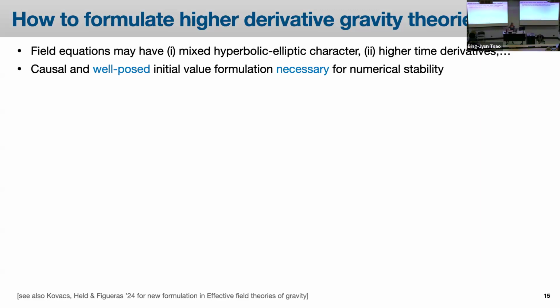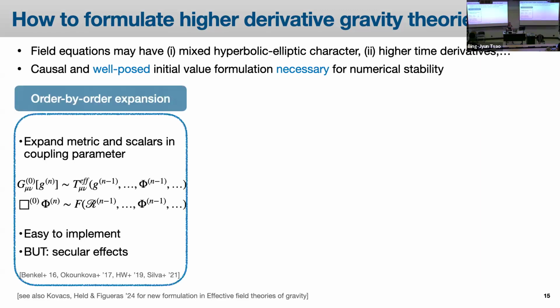And as I said, I care about this because we need a well-posed initial value formulation as a necessary condition for numerical stability. Okay, so the first approach is maybe the easiest one, where we say, given the motivation that we have, these corrections to Einstein's equations are probably small. So let's make that explicit, and let's expand both our metric and our scalar fields in the coupling parameter as our small parameter.